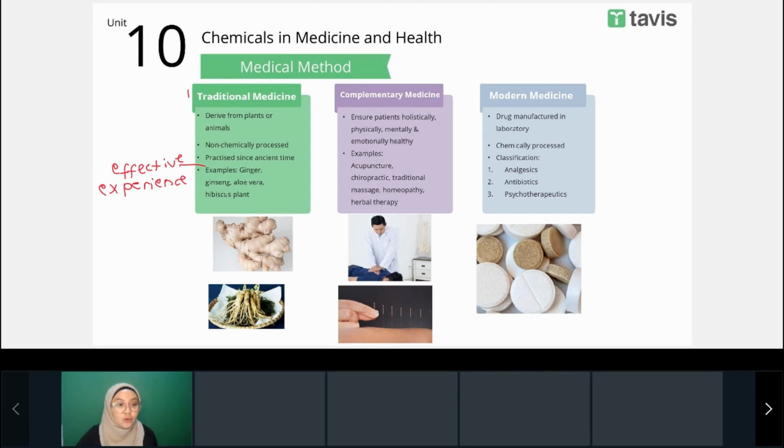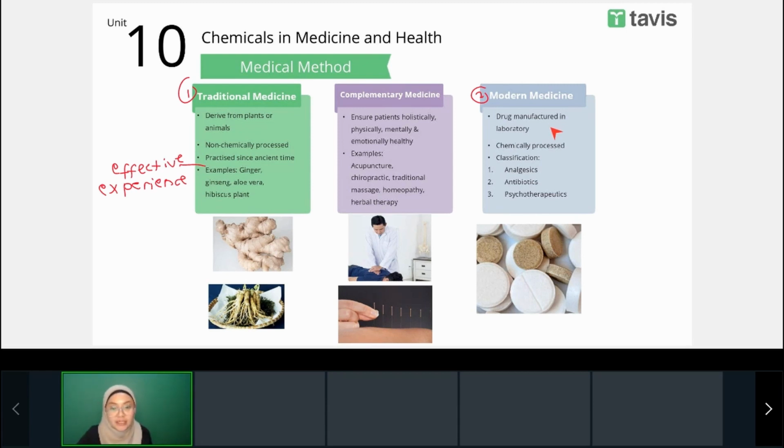Now let's go to modern medicine. Modern medicine involves technology. It is manufactured at the lab, involving a chemical process.